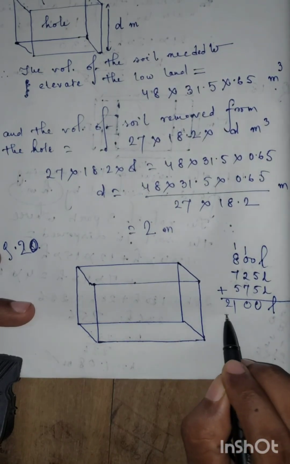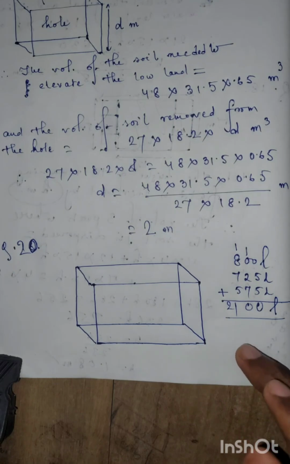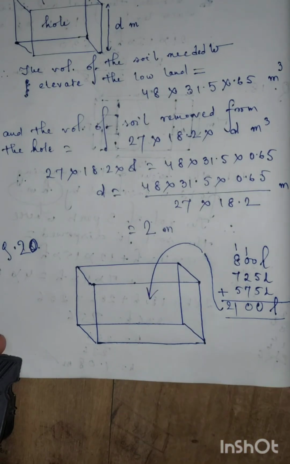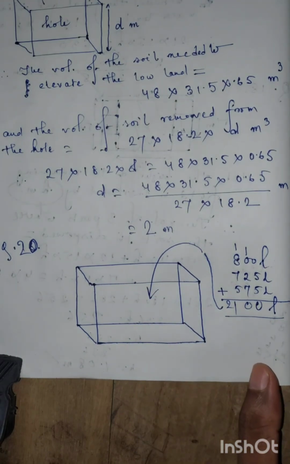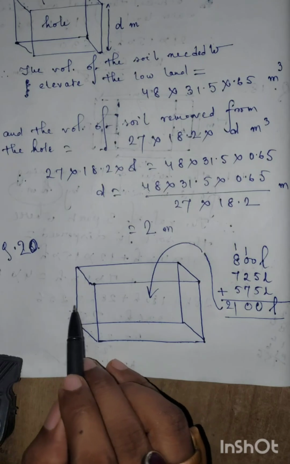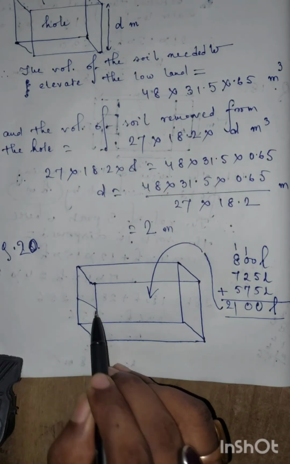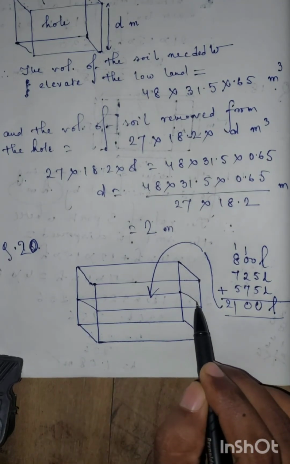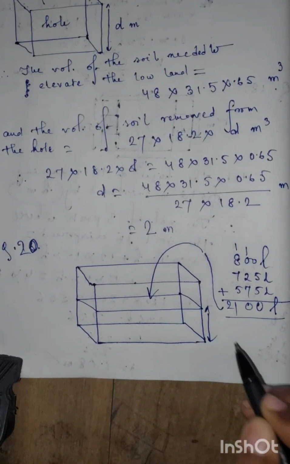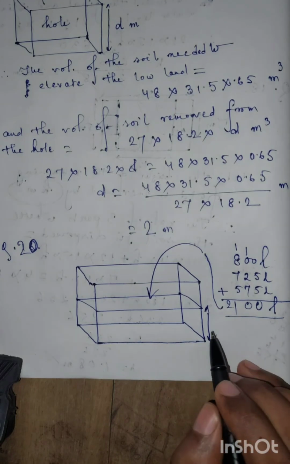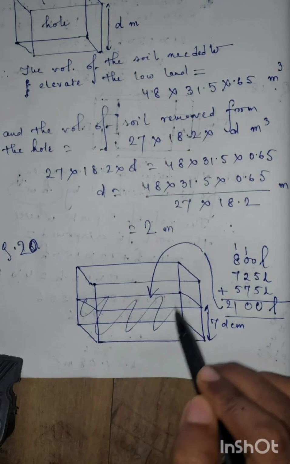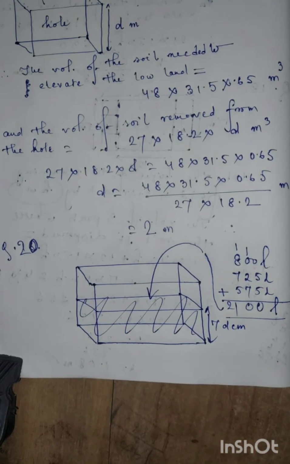So 2100 liter. When this much oil is transferred to this container, then the height of the liquid inside it becomes 7 decimeter. This is our oil. So the height becomes 7 decimeter.